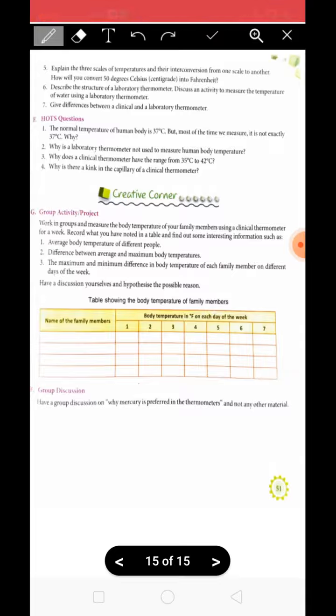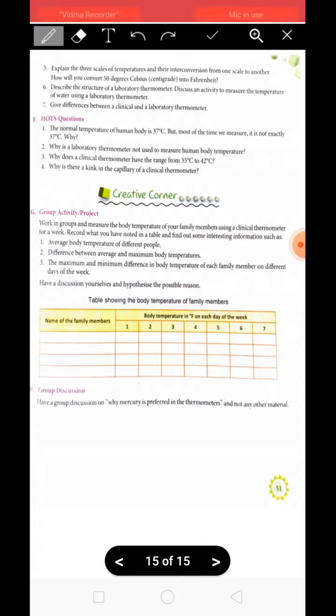Now, second question, why is a laboratory thermometer not used to measure human body temperature? It is because a laboratory thermometer does not have a kink. So whenever we withdraw the thermometer from the patient's body, the temperature will gradually fall down and it will give you an error. The data that you are collecting is not the correct one.